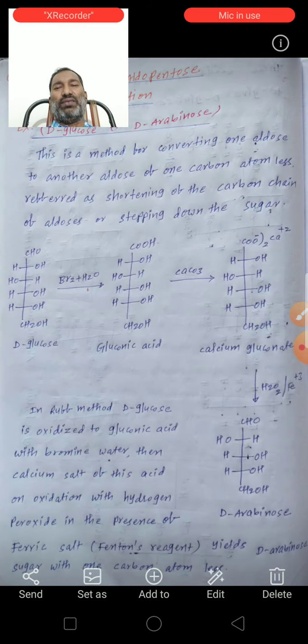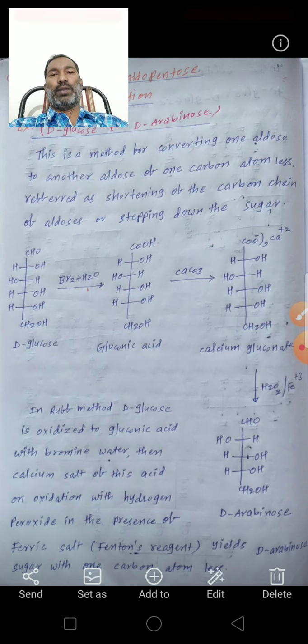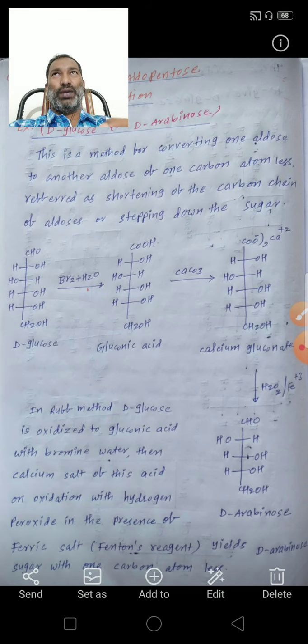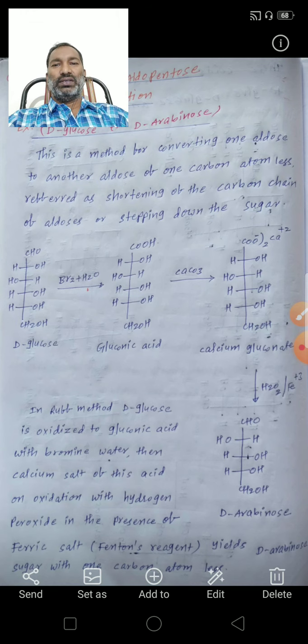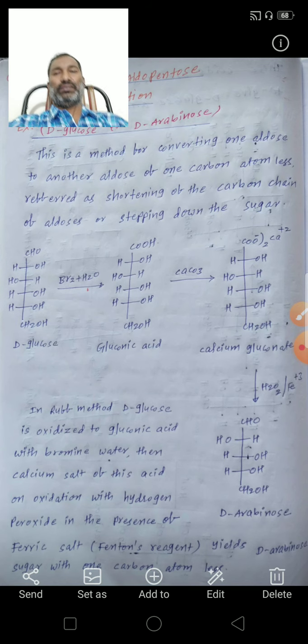We have already seen D-glucose to D-arabinose. D-glucose is a 6 carbon carbohydrate containing an aldehyde functional group. D-arabinose is a 5 carbon carbohydrate containing an aldehyde. So D-glucose to D-arabinose is a Ruff's degradation.